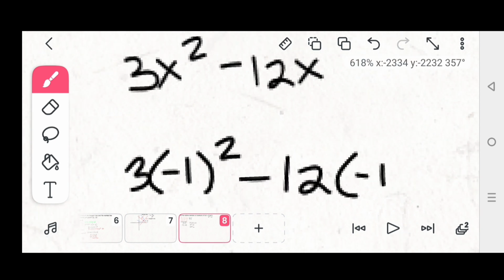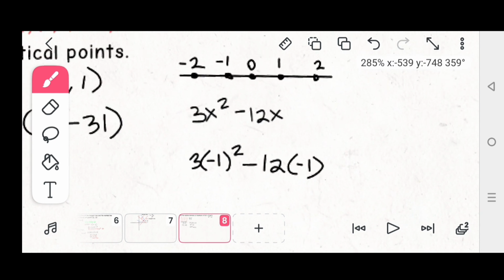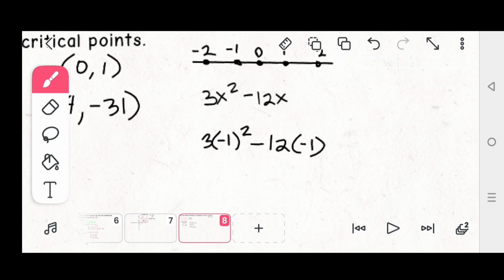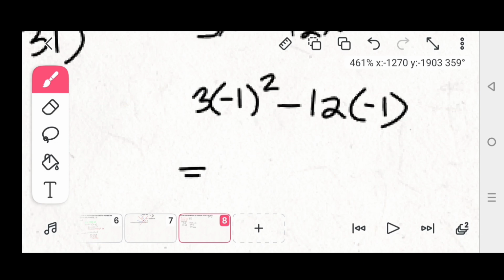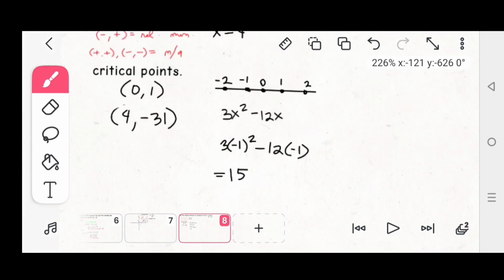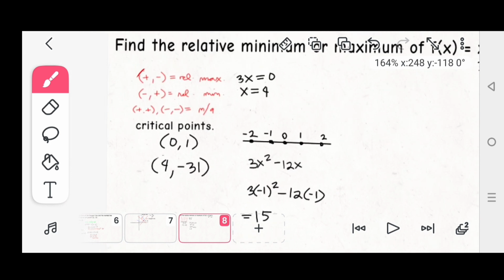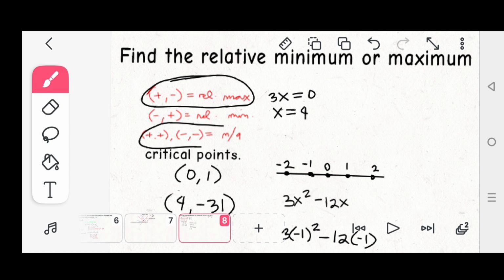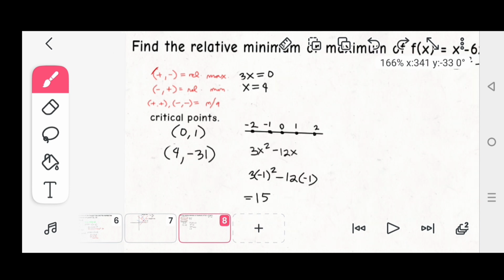You can choose any number you want. This is equal to 15. Now, since it is positive, there's a chance that it will be a relative maximum or not.